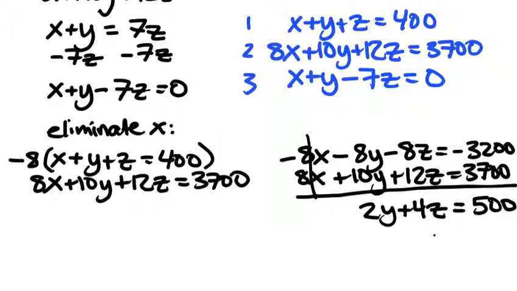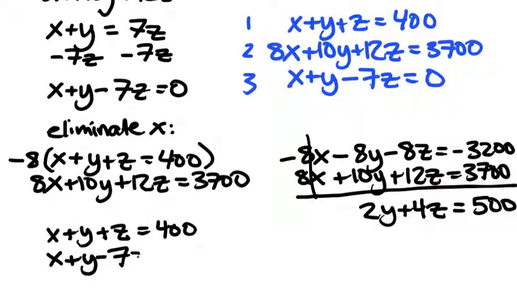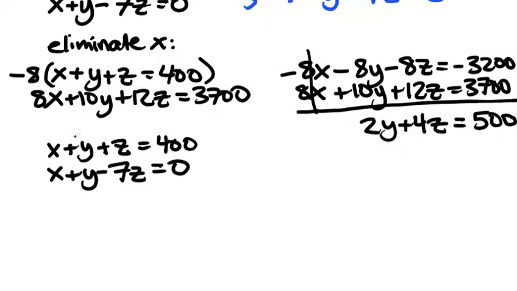So now I need to pick another pair of equations, and I need to again eliminate x. I'm going to go with equation 1 and 3. So I'm going to copy these down. Now something nice happens when I work with equations 1 and 3. Looking at this, I have x. If I'm eliminating x, they both have a 1 in front.